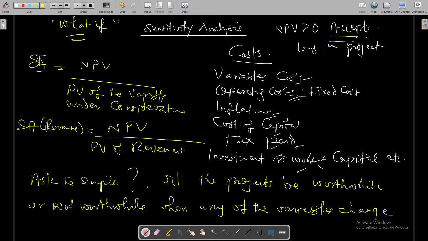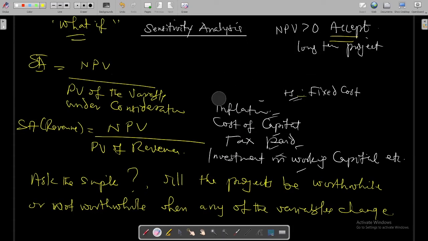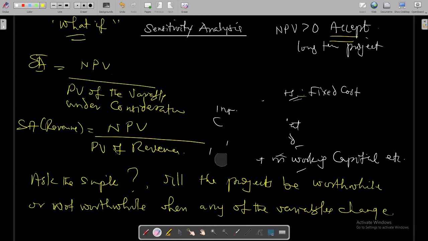Now if we want to find the sensitivity, let's say another example is that we want to find the sensitivity of a project to the variable cost.